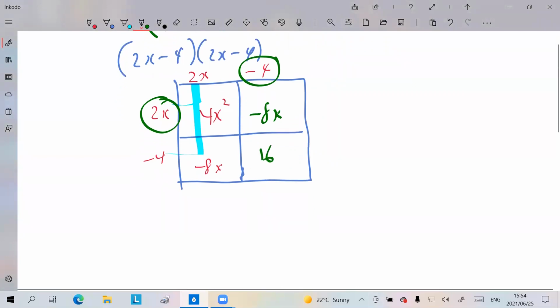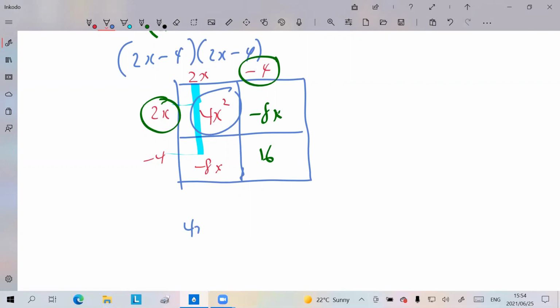There you go. So when I write it out now, looking for like terms, I got 4x squared, no other x squared, so it's 4x squared. I've got 16, so 16. Now, notice I have like terms. It's exciting when you see like terms in maths, right? Because this is x and this is x. They're identical. So now forget x, think of apples.